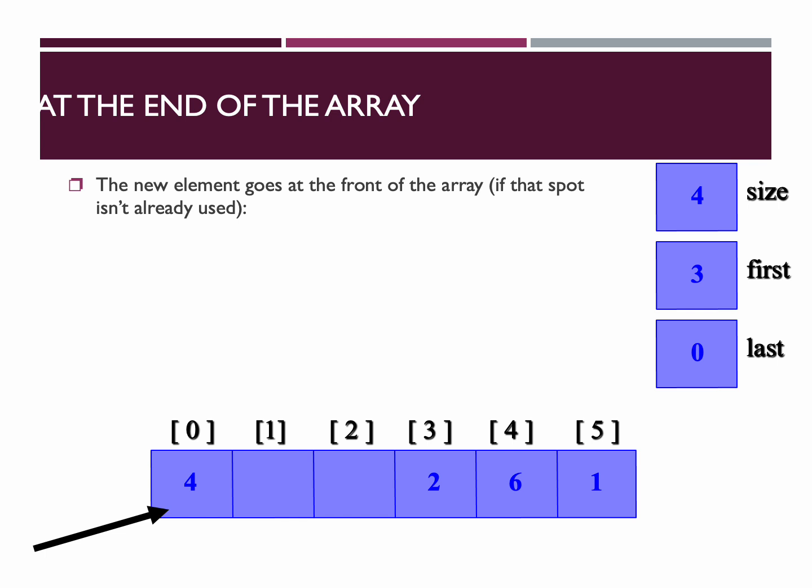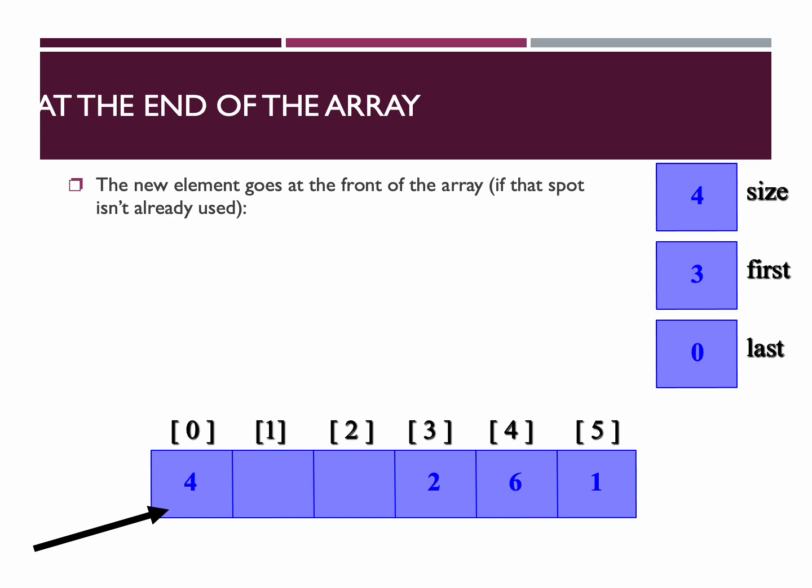So at the end of the array, the new element goes at the front of the array if that spot isn't already used. Now the size of the array is 4 because we have 4 elements here, and the first is still 3. If you look carefully here, the first still remains 3, but the last changed to 0 because we added the element 4 at the last and it went to 0.